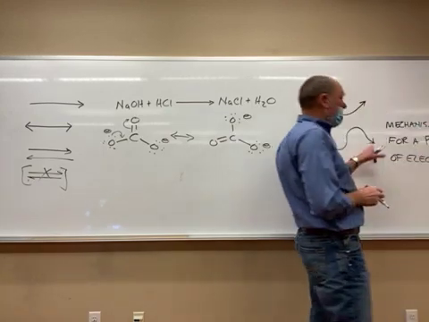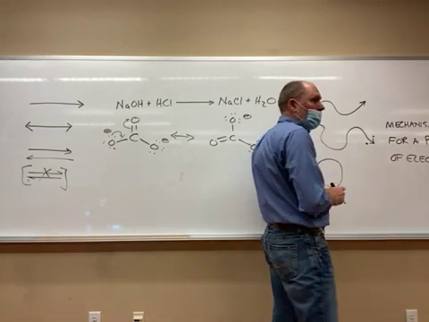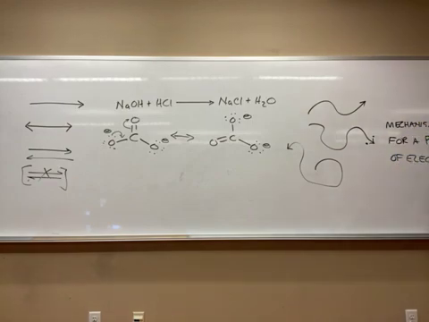So this mechanism means there's an electron here and there's an electron here. It's a pair of electrons that go. If you look at what I just did when we broke up our epoxide, the epoxide looked like this.